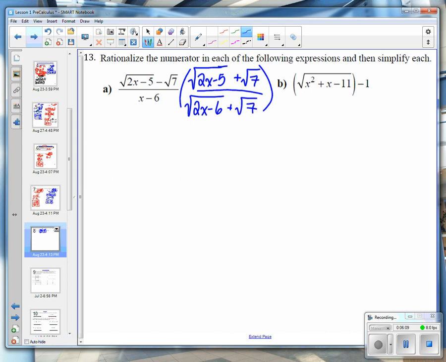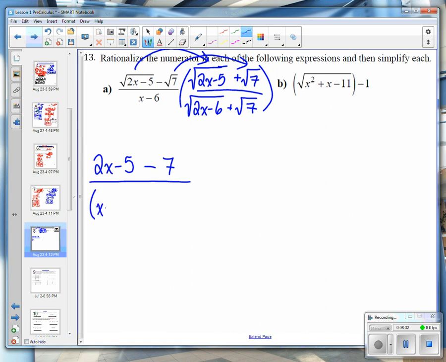Okay. So if I multiply this all out, basically I've got the top now. I'm following those rules. This is just going to be 2x minus 5. And then this guy times this guy, root 7 times root 7 is just going to be 7 with a negative in front of it. And then the bottom, like I said, don't expand unless you have to.